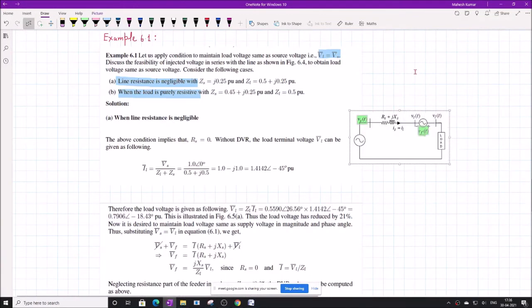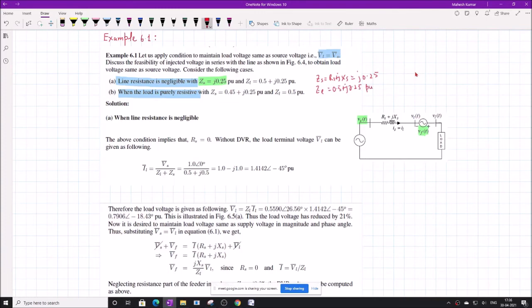So what we are given in this question: Zs is equal to j0.25, because the resistance is being neglected. So Zs is equal to Rs plus jXs. Rs is 0 and this is j0.25 in the first case. Zl is 0.5 plus j0.25.